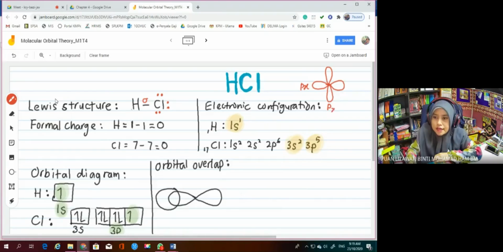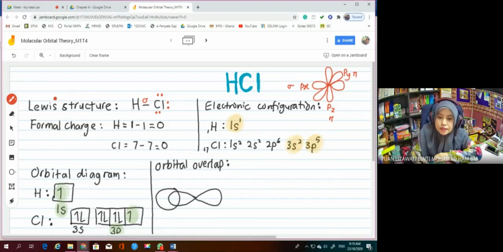So lagi satu region adalah kawasan sini atau sini. Mana-mana pun boleh. So let's say saya kawasan sini. So this is referring to PY. Ni kawasan PY. Jadi kalau untuk sigma, dia mesti involve yang PX. Okay, PZ ni untuk pi, PY pun untuk pi.